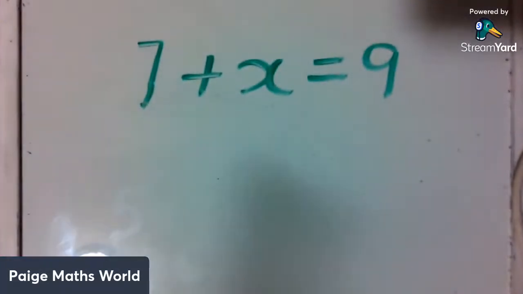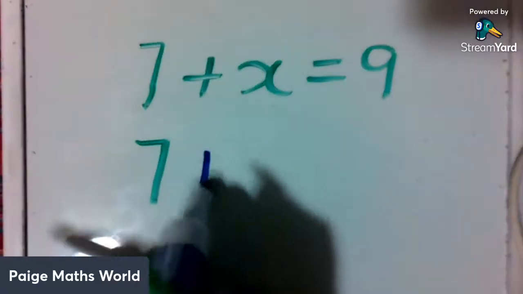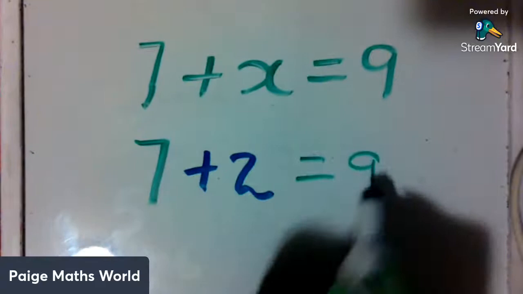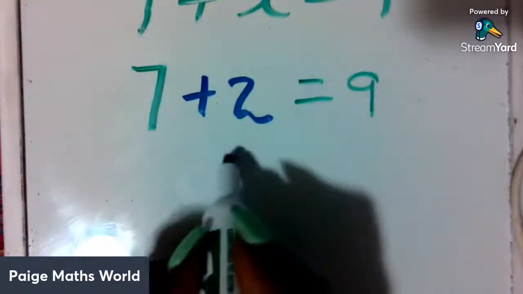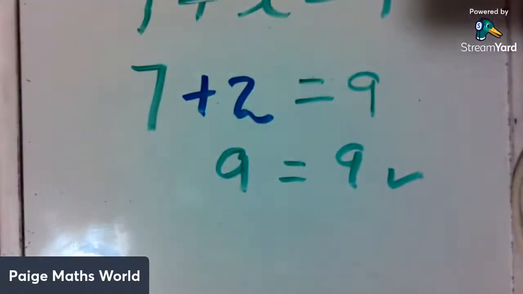So let us check. It's going to be 7 plus, we know that x is a positive 2, so we write that back, is equal to 9. 7 plus 2 is 9. Is 9 equal to 9? Yes. And so that is a true statement.